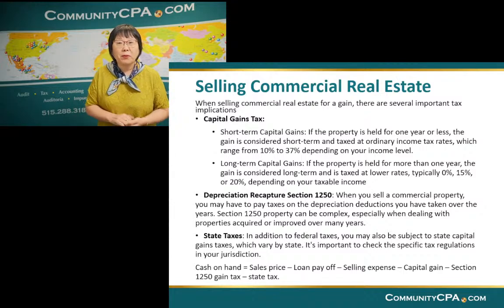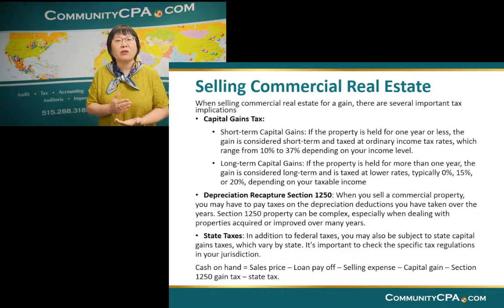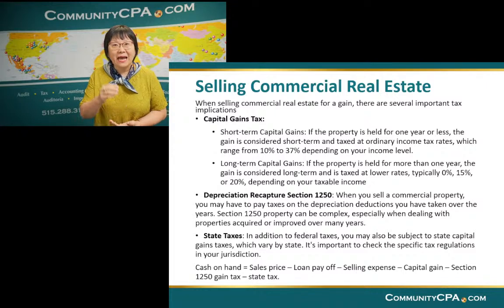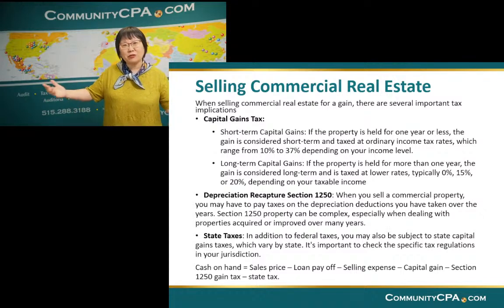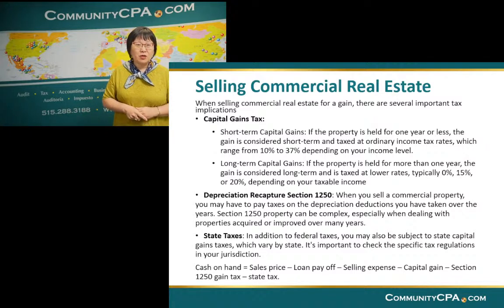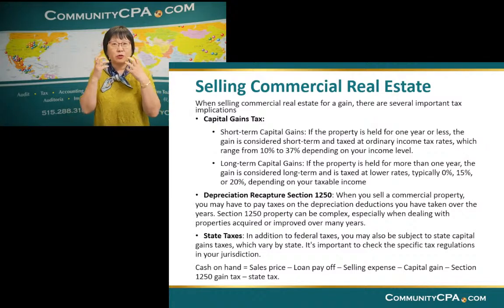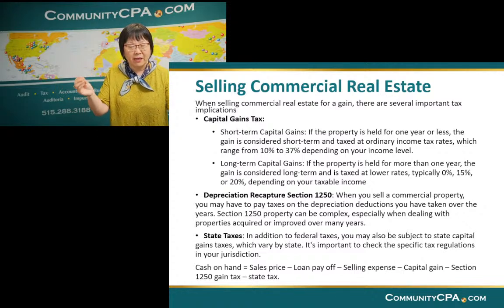So if the property is held for 1 year or less, the gain is considered short-term and taxed at an ordinary income tax rate, which ranges from 10 to 37.5, depending on your income level. So if you are not holding your commercial property long enough, you just pay regular income tax on the gain.